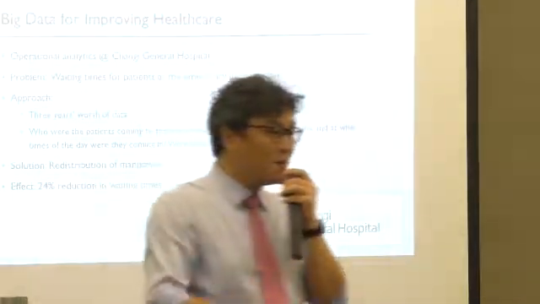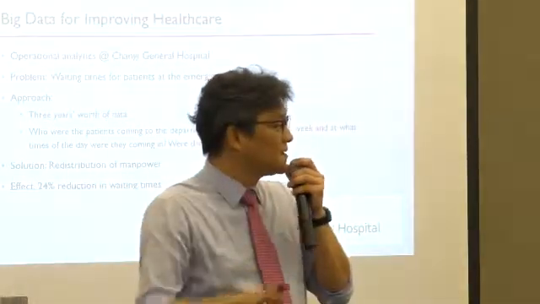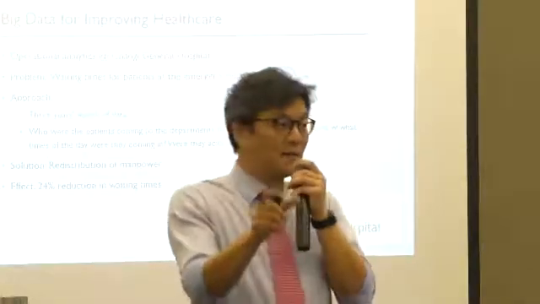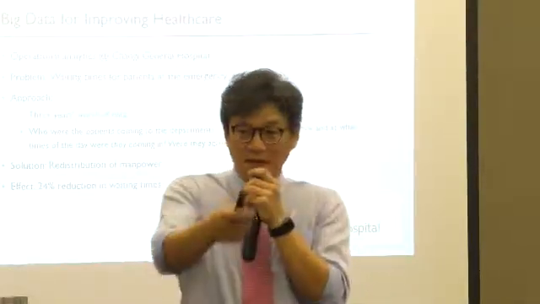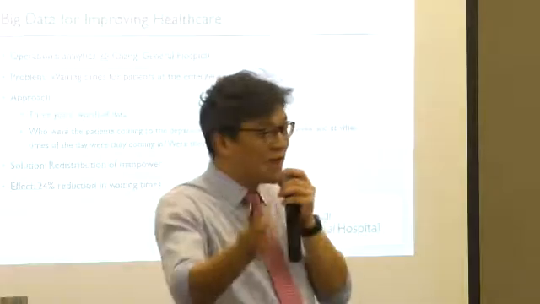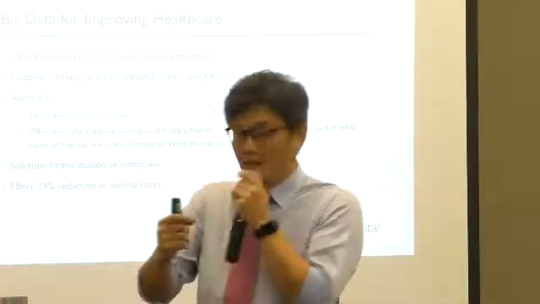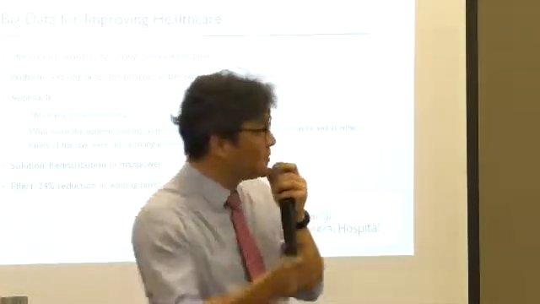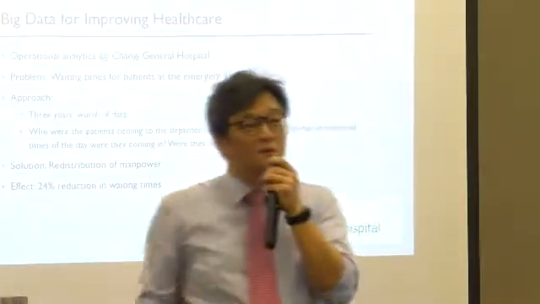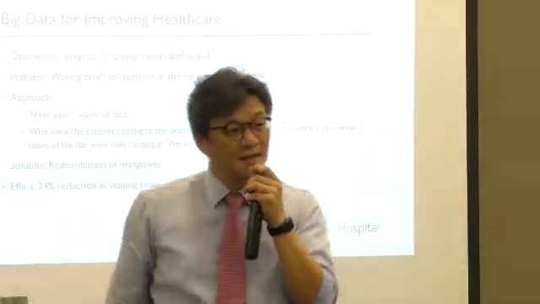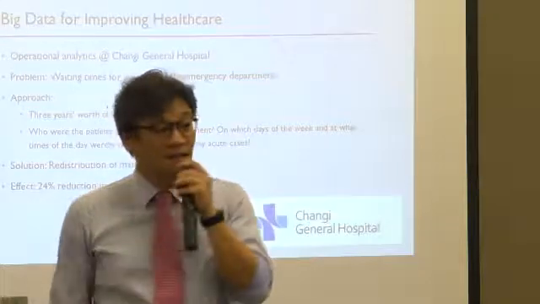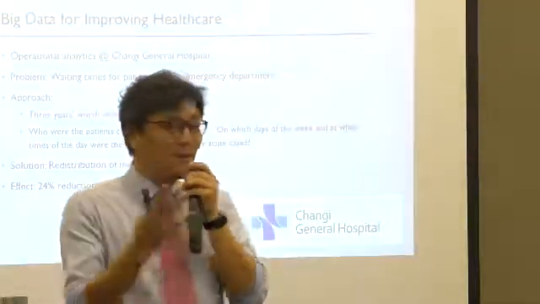By doing that, they were able to reduce the wait times just by creating some overlapping times between the physicians' work shifts and reallocating their timetables. Very simple things. They were able to achieve a 24% reduction in waiting time, which is actually quite significant if you think about it.